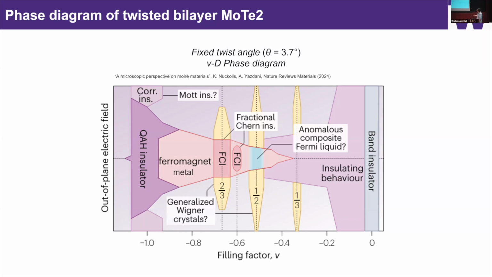And between the FCI and the QH state, there's a ferromagnetic metal. Then at filling factor -1/2 near zero electric field, there can be an anomalous composite Fermi liquid, or CFL, state at zero magnetic field. The application of this electric field will drive it into some kind of charge ordered state. Then below the filling factor of -1, what we see is all charge ordered insulating states, which are topologically trivial.